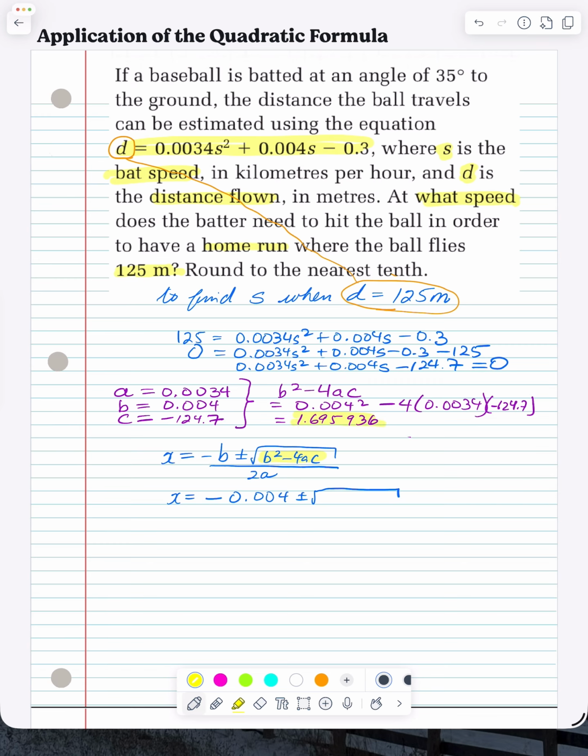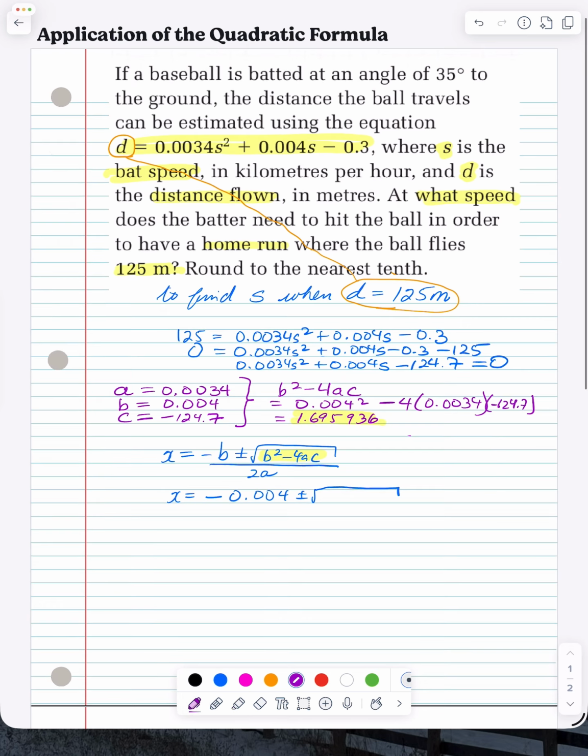Do not round off. You need to use all of the values given to you. 1.695936. This is going to be all over 2a. When I double a, it's 0.0068.